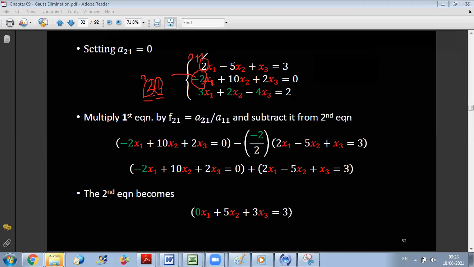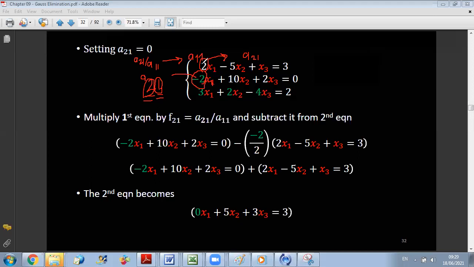What I will do is multiply the first equation by A21 over A11. What will happen? When I do the multiplication, the coefficient of x1 will become A21. Then if I subtract the resulting equation 1 from equation 2, the coefficient of x1 becomes 0.